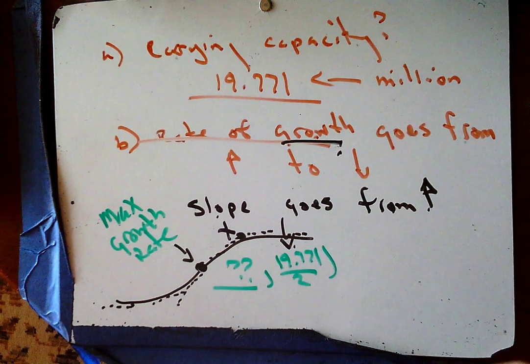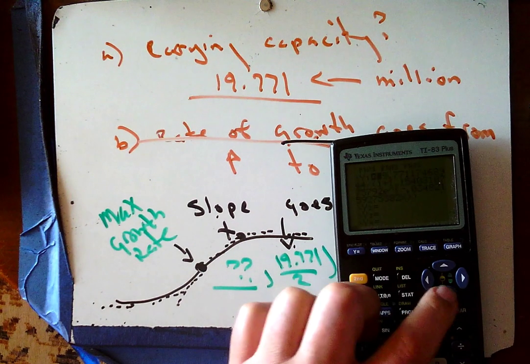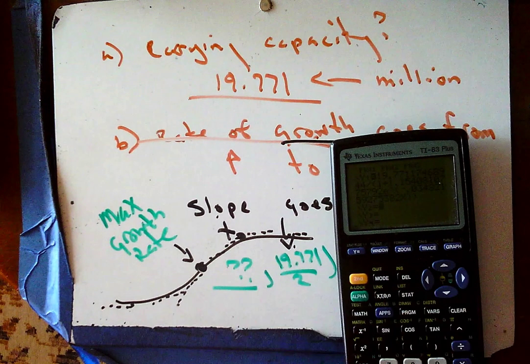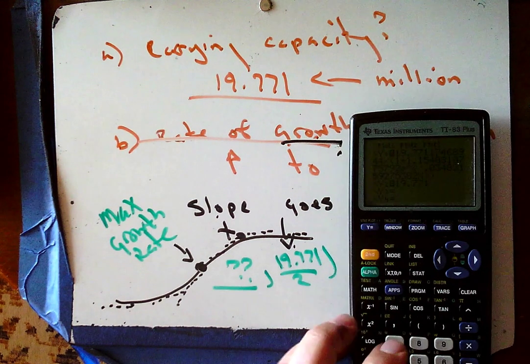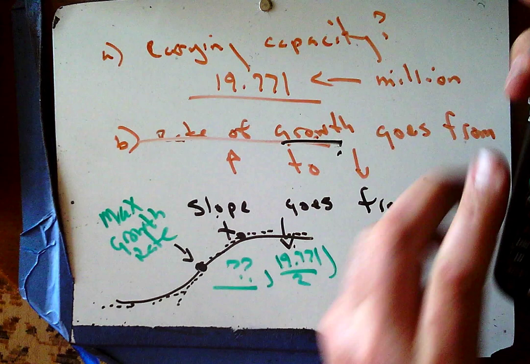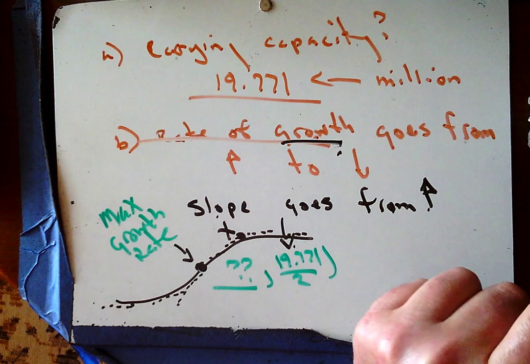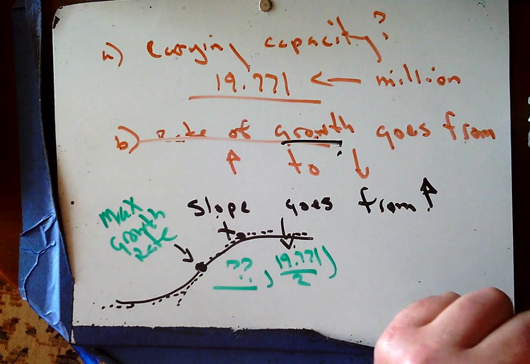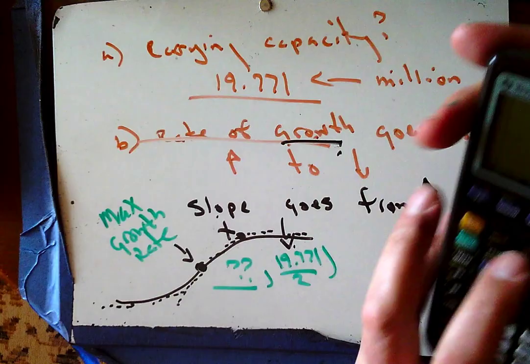And how do we find this? Well, we go over to our calculator, and we go to y2, and we type in 19.771174689 divided by 2. Okay? And then we graph.